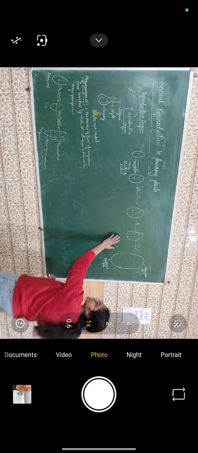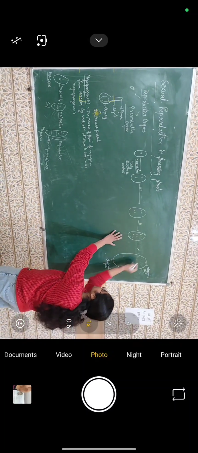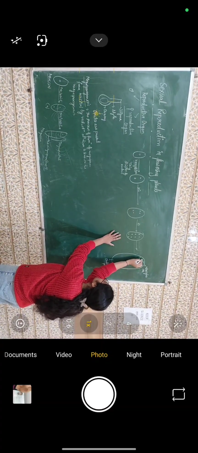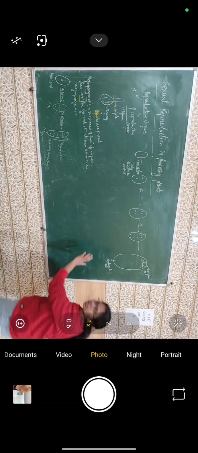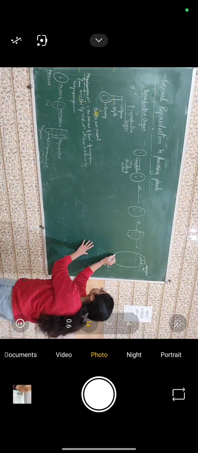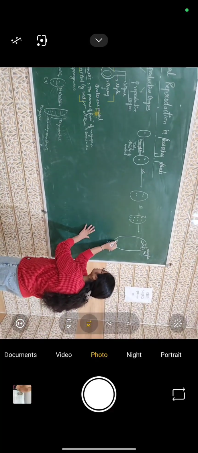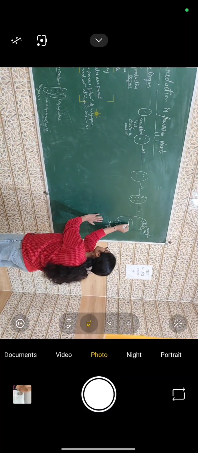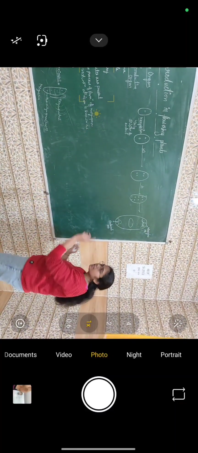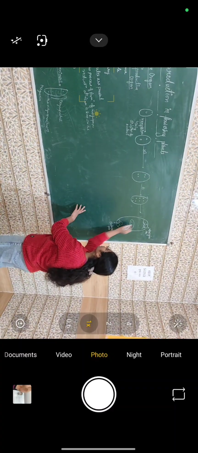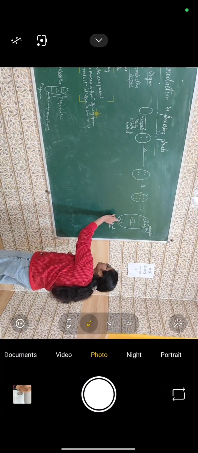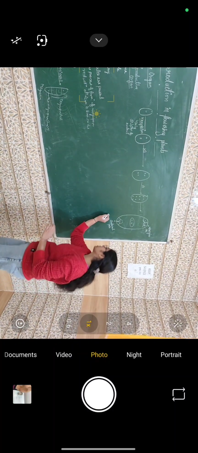So they will arrange themselves in a manner that 3 cells will reach the upper pole and 3 cells will arrange themselves at the chalazal pole. And in the center, we have a central cell which consists of 2 nuclei. So basically we have 1, 2, 3, 4, 5, 6, 7, 8. 8 nuclei.